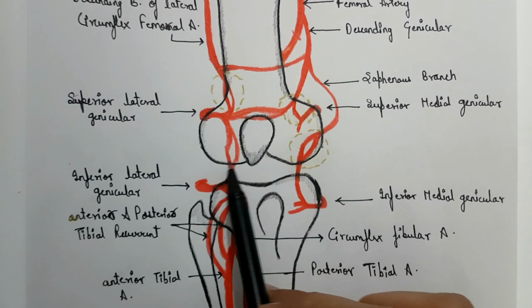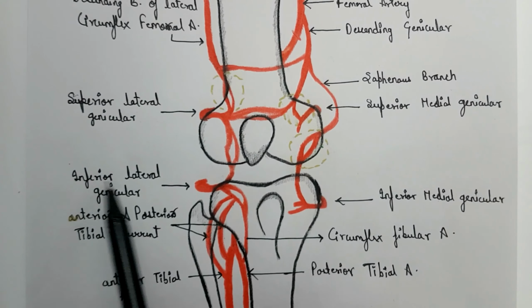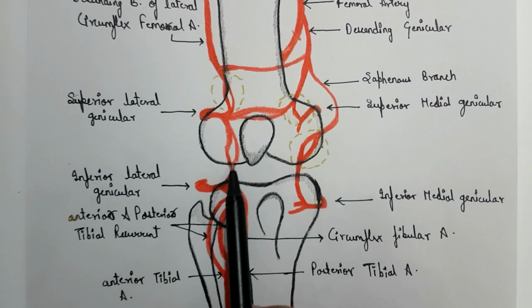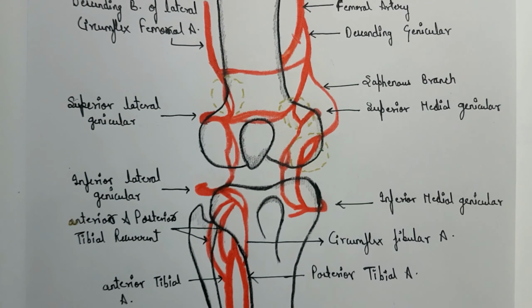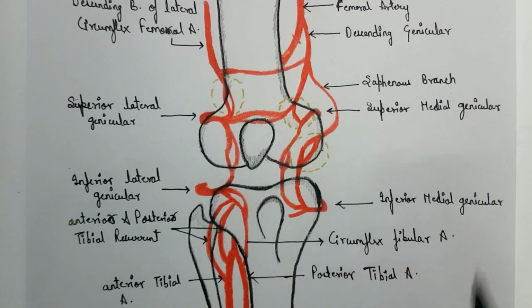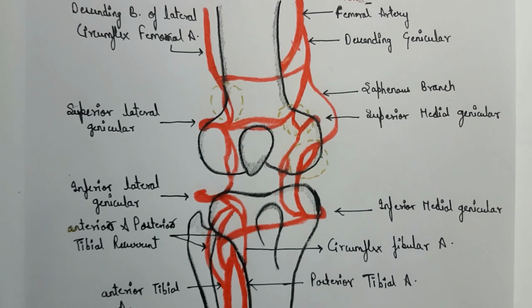The next interarterial connection is between the inferior lateral genicular and the superior lateral genicular, this one. The next connection is between the inferior medial genicular and the superior medial genicular. And the last interarterial connection is between the inferior medial genicular, this one, and the anterior tibial recurrent, right here, this one.